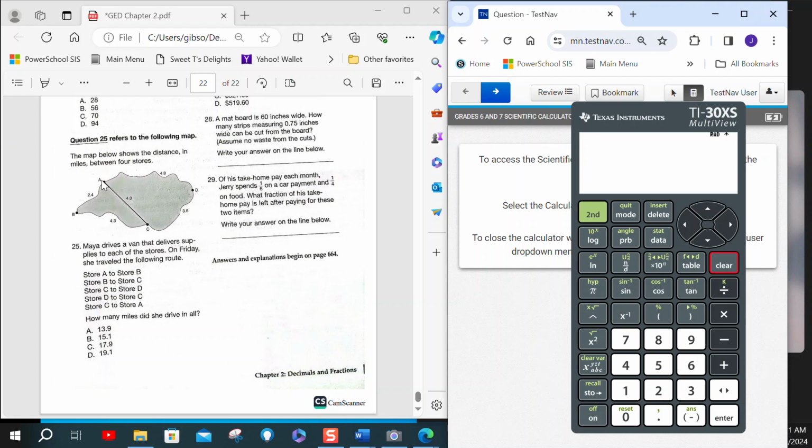A to B. So from A to B is 2.4. So we add 2.4 plus B to C. So we go B to C, which is 4.3. Then C to D. C to D is 3.6.